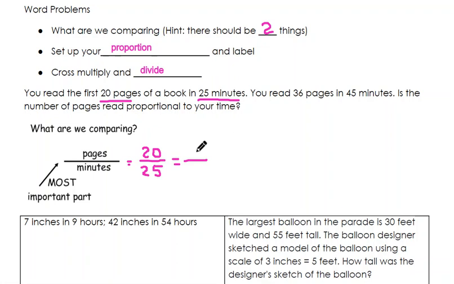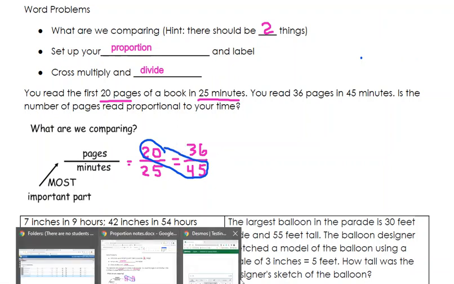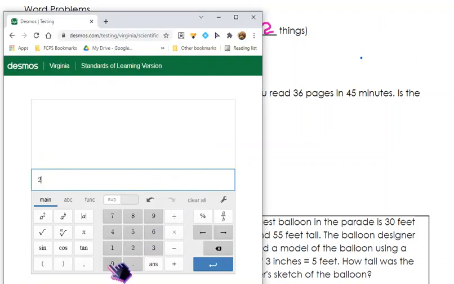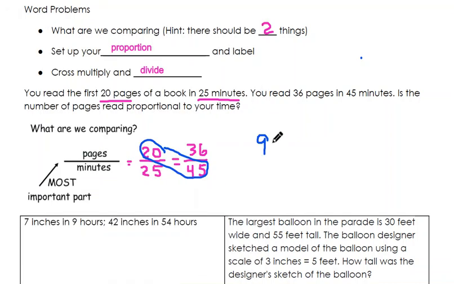And then it says I read 36 pages in 45 minutes. So then I can cross multiply this and see if it's proportional. So I can do 20 times 45, which gives me 900. And then I can cross multiply the other way.